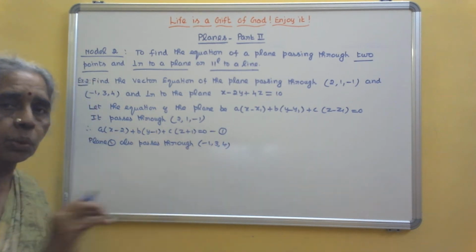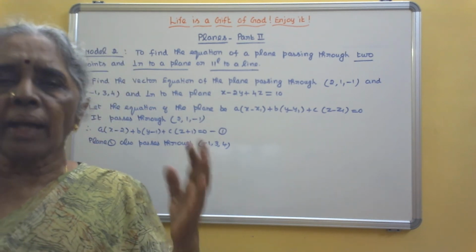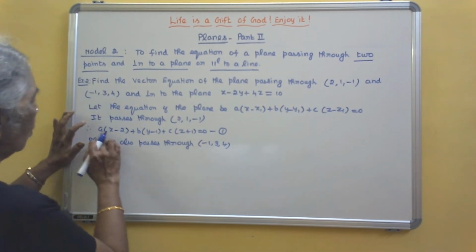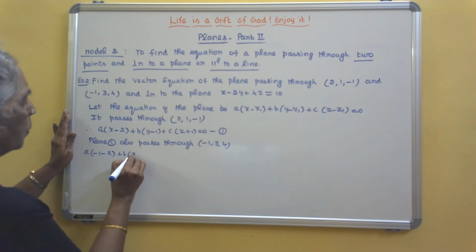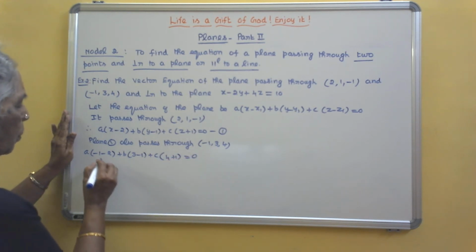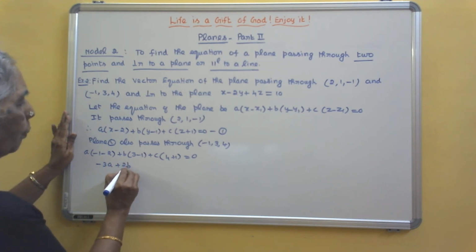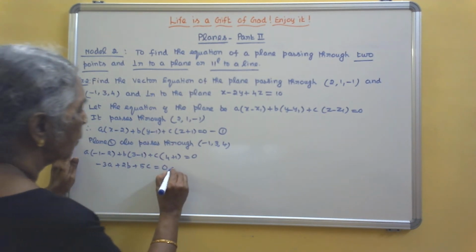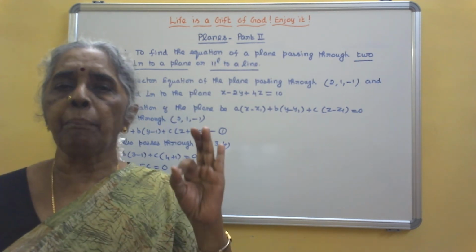Now I will substitute this point in the place of x, y and z and I will be getting an equation in a, b, c. So a into minus 1 minus 2 plus b into 3 minus 1 plus c into 4 plus 1 is equal to 0. So I will get minus 3a plus 2b plus 5c is equal to 0. I will keep this as equation 2. That is an equation in a, b and c.